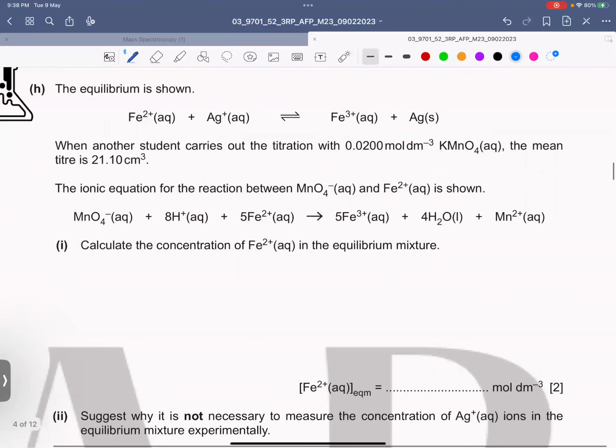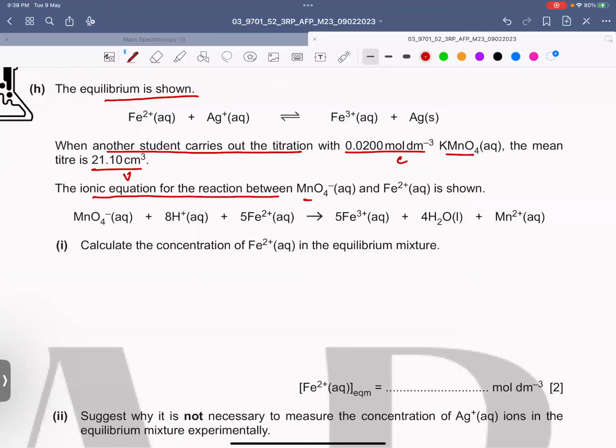Now the next part. The equilibrium is shown. When another student carries out titration with 0.02 mol per dm³ potassium manganate, the mean titer is 21.10 cm³. So here is the volume and this is the concentration. The ionic equation for the reaction between manganate aqueous ions and iron 2 positive aqueous ions is shown. Calculate the concentration of iron 2 positive aqueous ions in the equilibrium mixture. Okay.